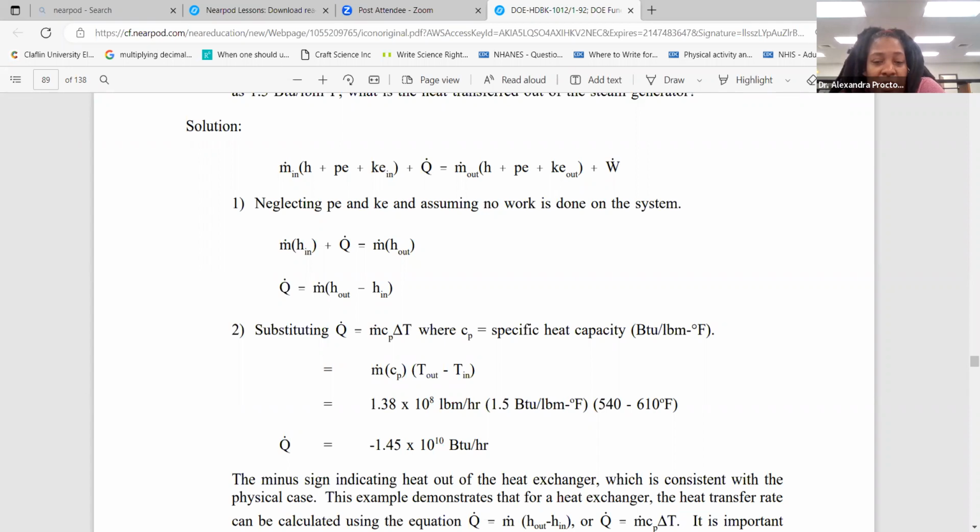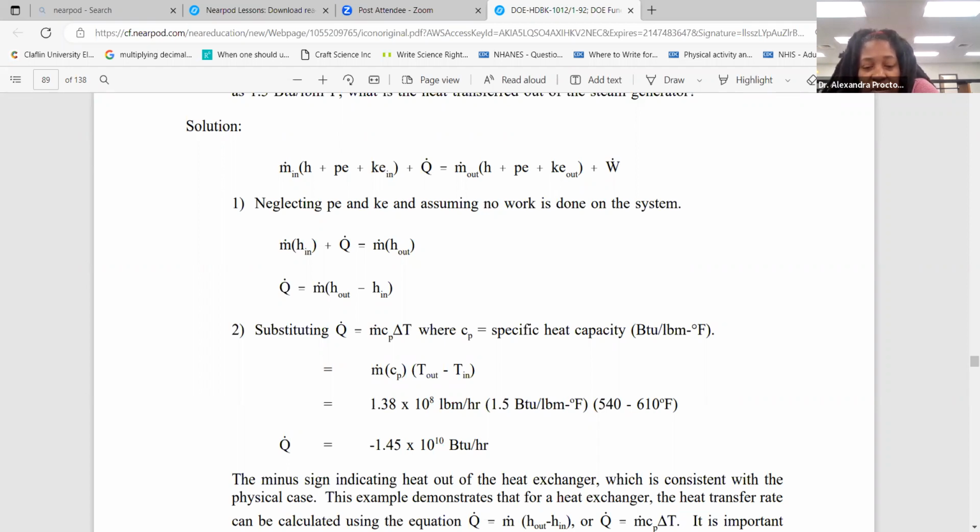So we plug in 1.38 times 10 to the 8th pound mass per hour times 1.5 BTU per pound mass degree Fahrenheit times (540 minus 610). So Q winds up being negative 1.45 times 10 to the 10th BTU per hour, with the minus sign indicating heat out of the exchanger, which is consistent with the physical case.